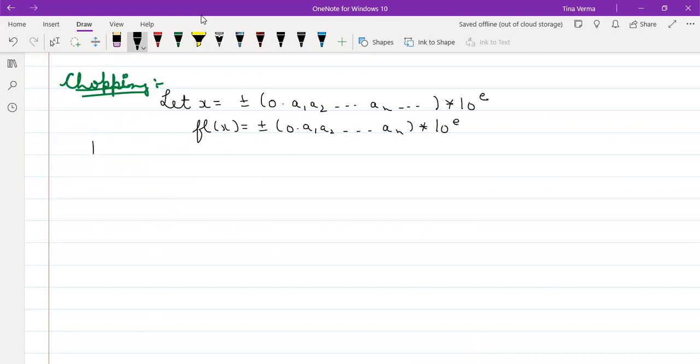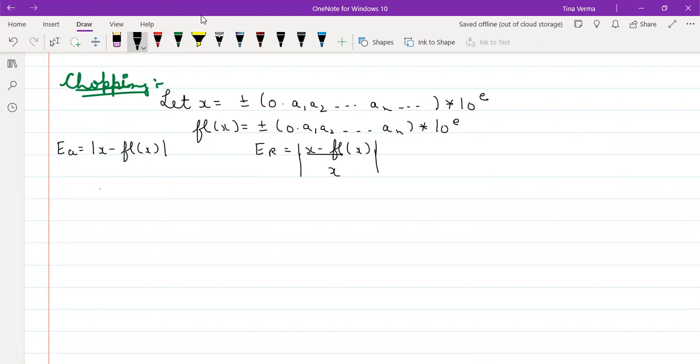Then we have to find the at most relative error, and the absolute error in case of chopping. Firstly, we are doing the absolute error because for the relative error, we just need to divide it by mod of x. There is no change after that.